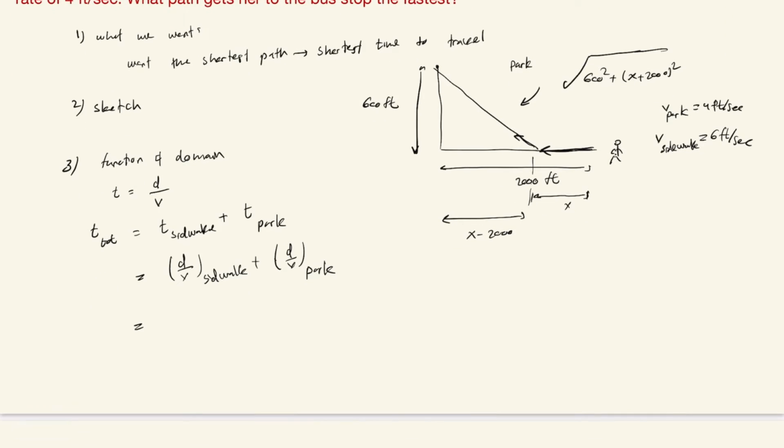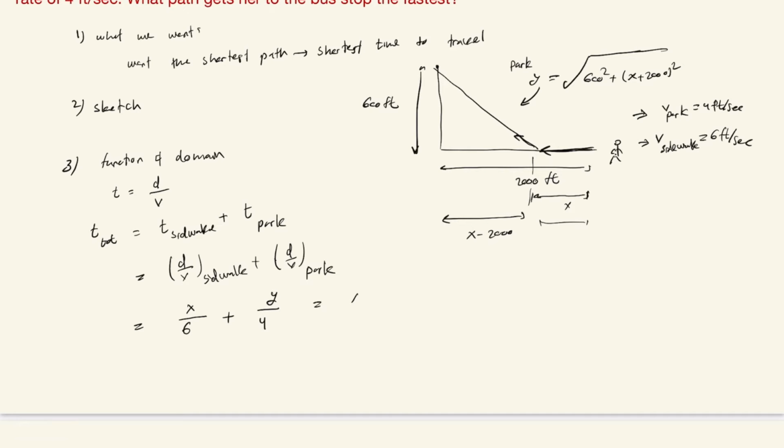Now for the distance on the sidewalk, we assume that Alaina just walked x distance, and the velocity on the sidewalk is given as 6 feet per second. The distance on the grass we'll call y, and the velocity given in the park is 4 feet per second.